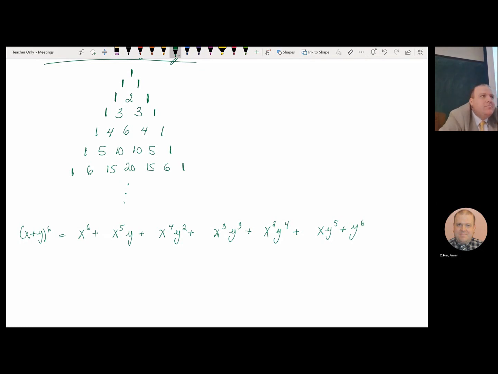You do that until you get to your final term, which is just y to the 6th. Notice that the sum of the powers is always equal to 6.